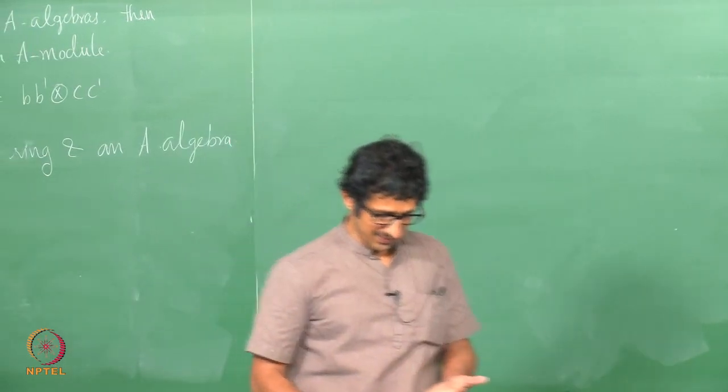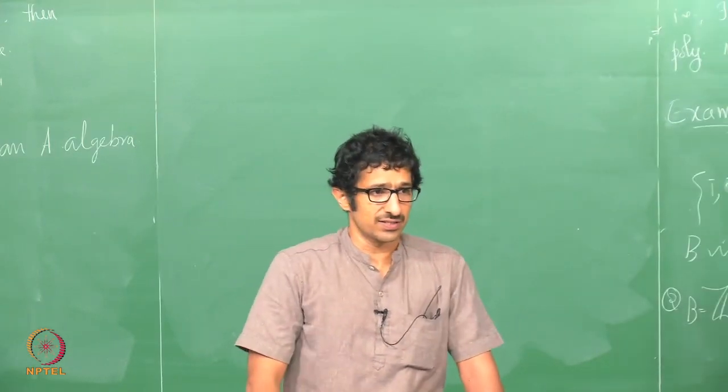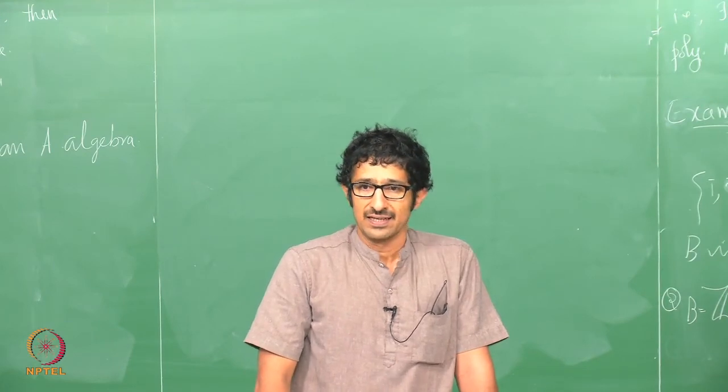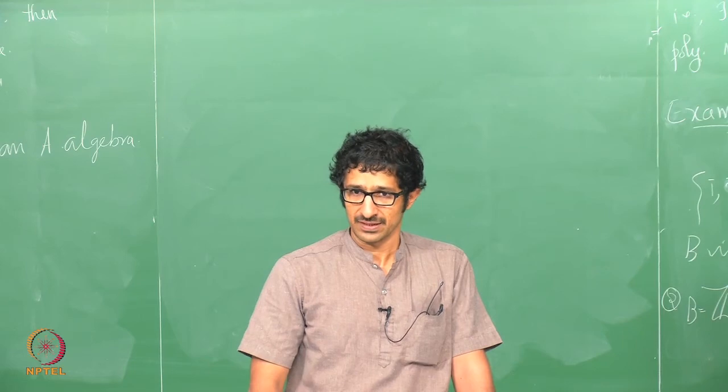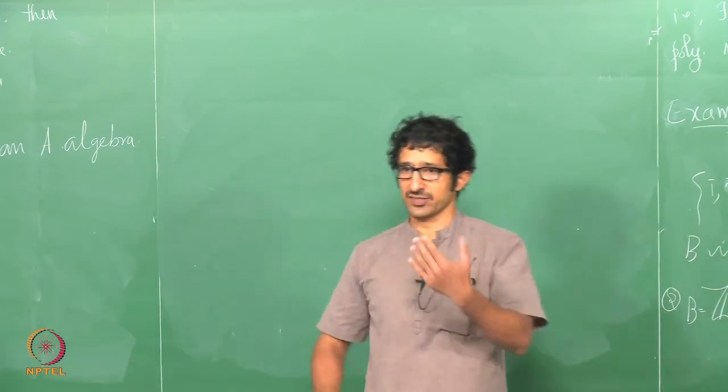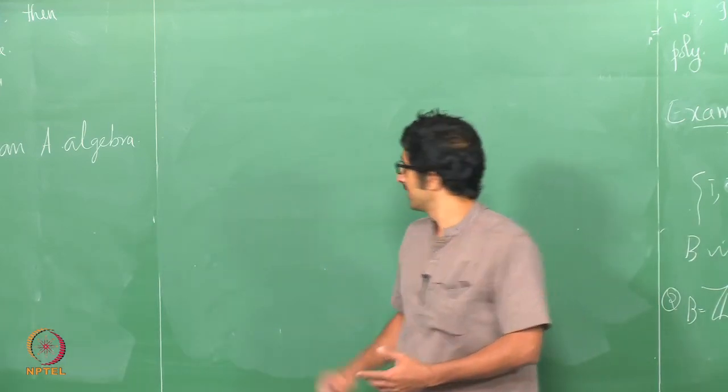So localization is a process that generalizes the construction of Q from Z. So how did we construct Q from Z?